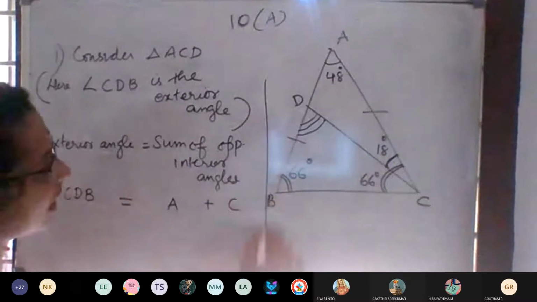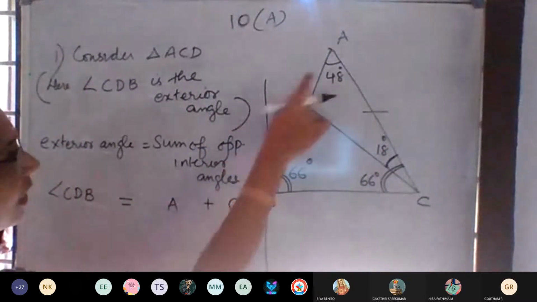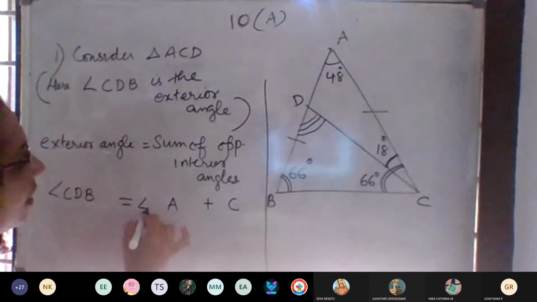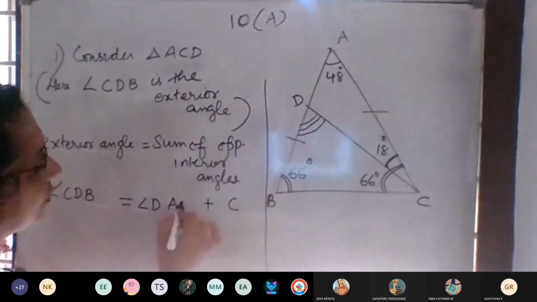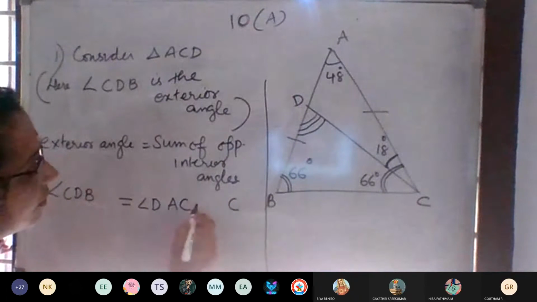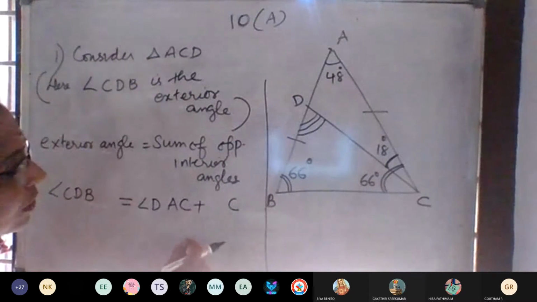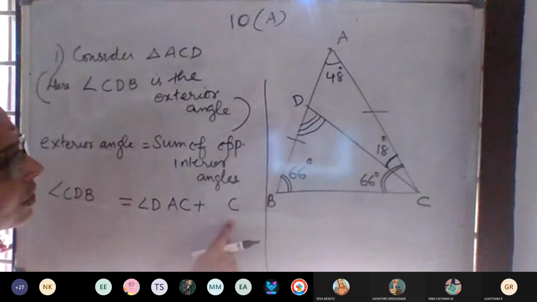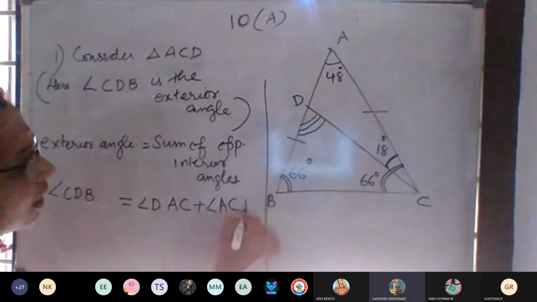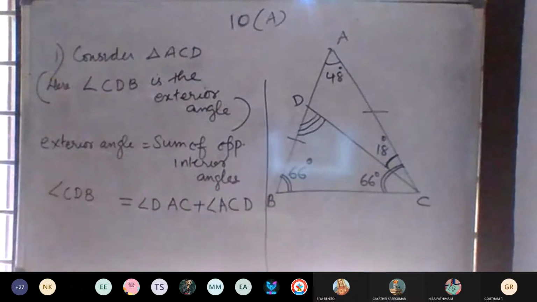Here we can't write angle A; it is angle DAC, plus angle C, which is not the whole angle, it is angle ACD.